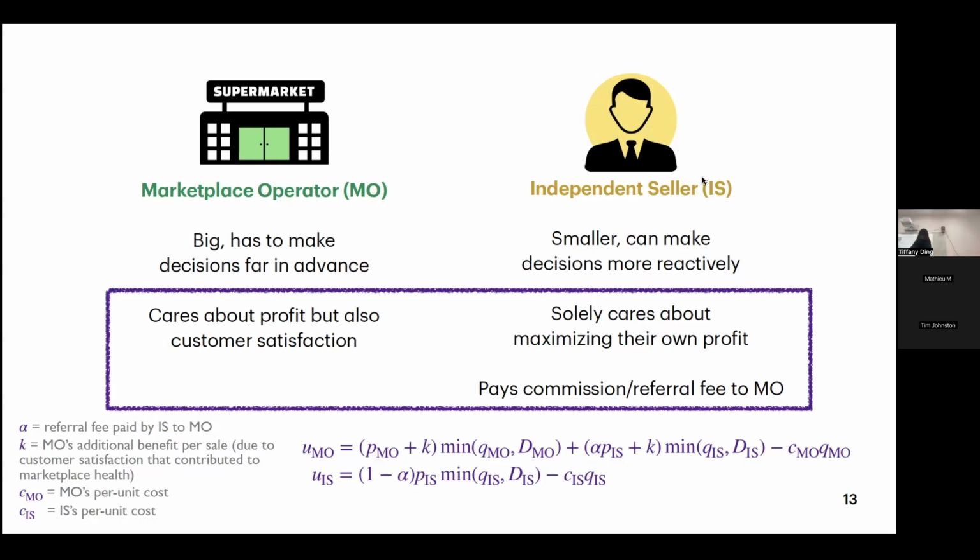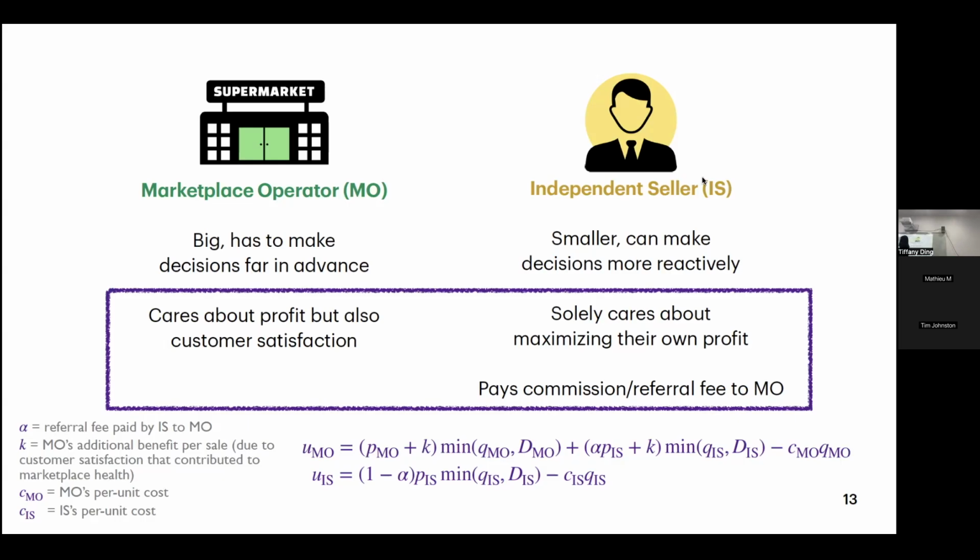I'll break down this equation a bit. First, I'll explain what each of the parameters are. Alpha is the referral fee, the fraction of the revenue made by the independent seller that they have to pay to the operator.